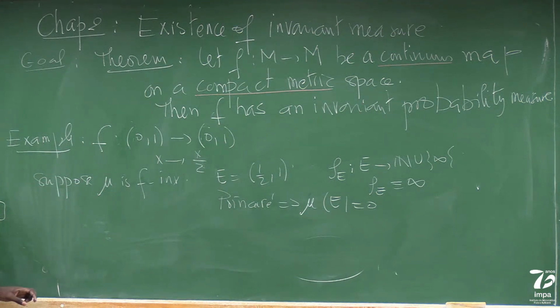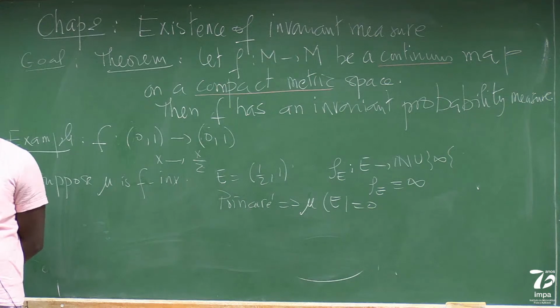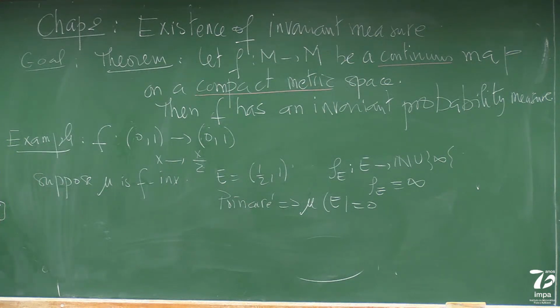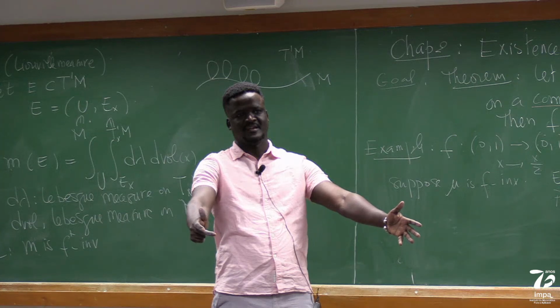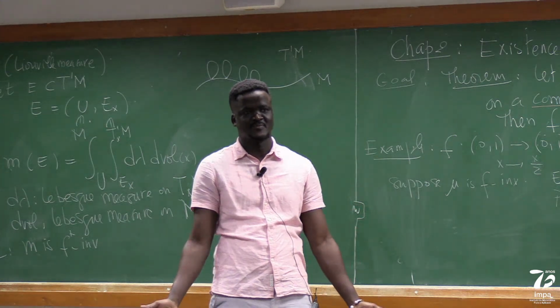So if you have a metric space that is not compact and you have an expanding map, a contracting map on this, you can never have a... No, but it depends on whether the point where it contracts is in the space or not. If that point is in the space, that point has to be a fixed point. And if it's a fixed point, you take a Dirac delta at that point.